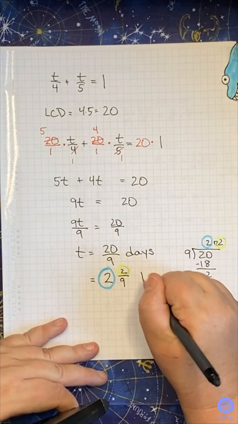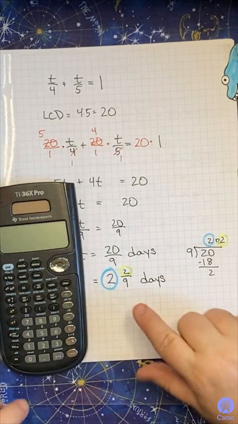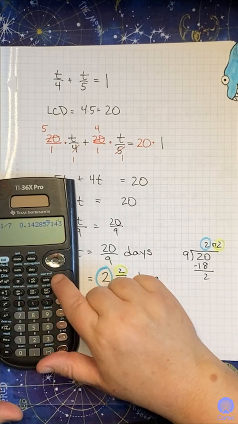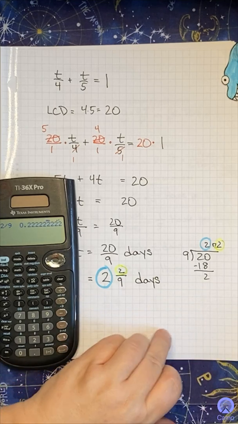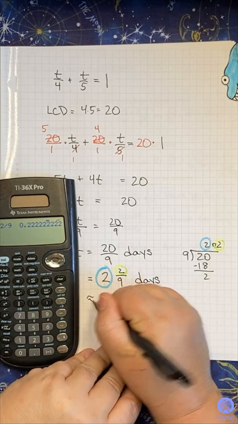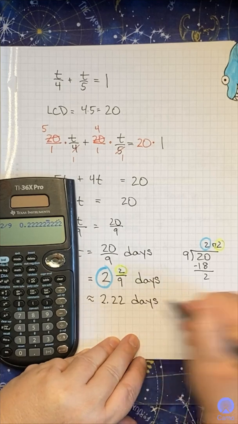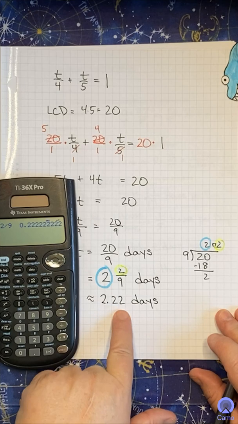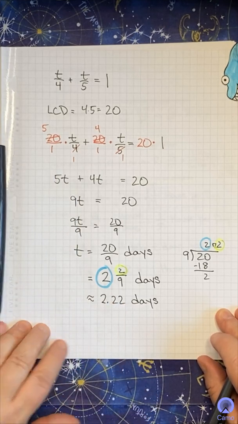So it's 2 2/9 days, and because ninths are those kind of fractions you only deal with at the very end, I'm going to do 2 divided by 9, and it's going to give me about 2.22 days. And that's an approximation. This is exact. This is an approximation. Or we've got one other option.